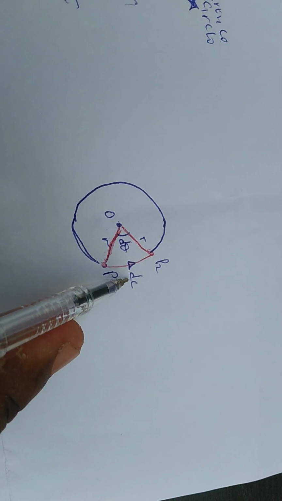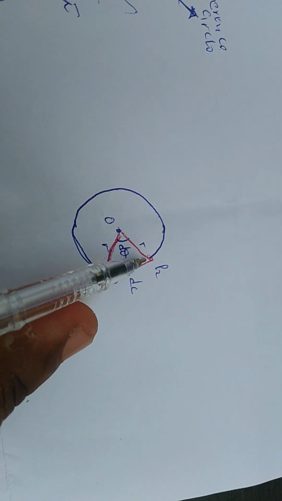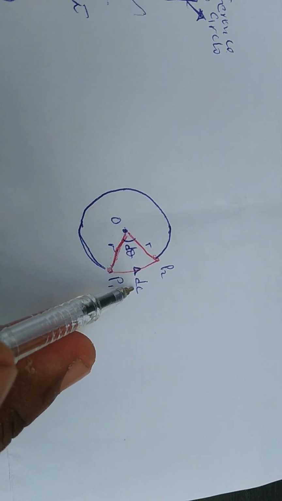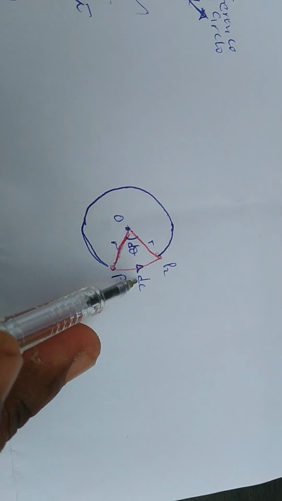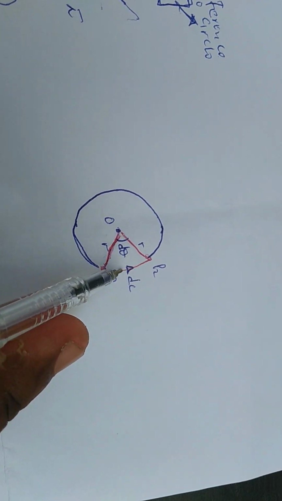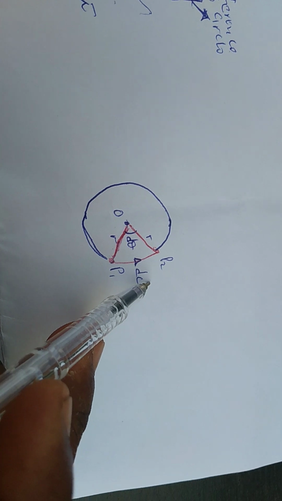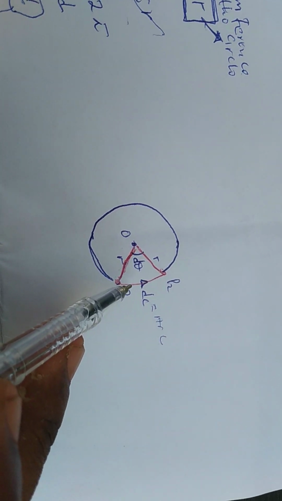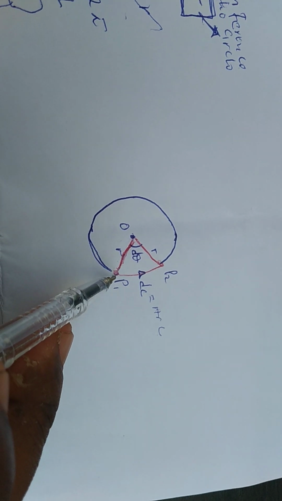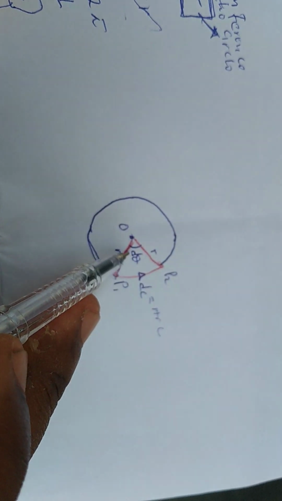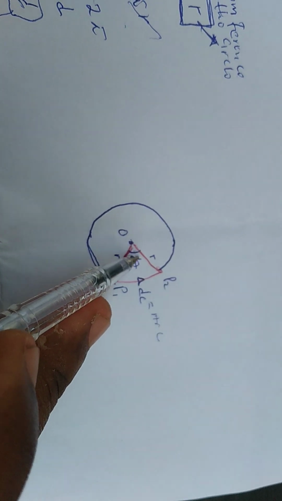DC simply means a very tiny portion of the total circumference of the circle, an infinitesimally small circumference of that circle. This portion is also known as the arc of a circle.